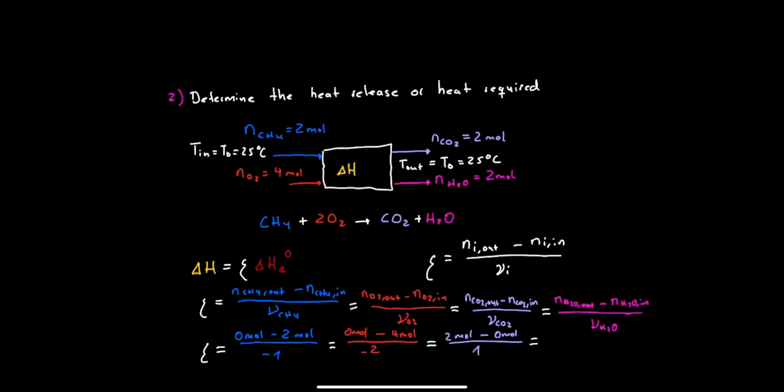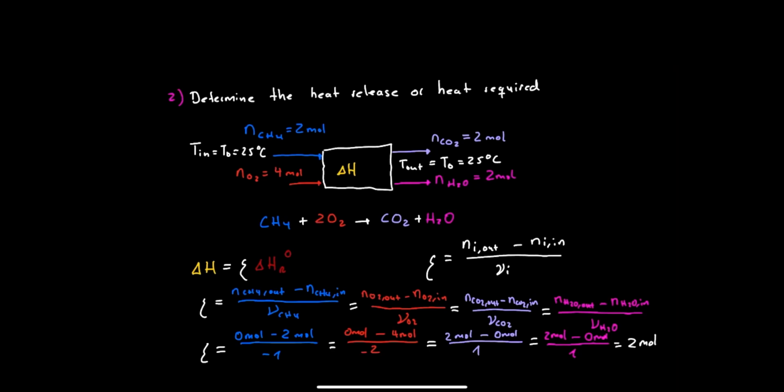And this should be equal to the molar amount of water leaving our system, which is 2 moles, minus the molar amount of water entering our system, which is 0 mole, divided by the stoichiometric coefficient, which is +1. And for all of these values, the result is going to be 2 moles.